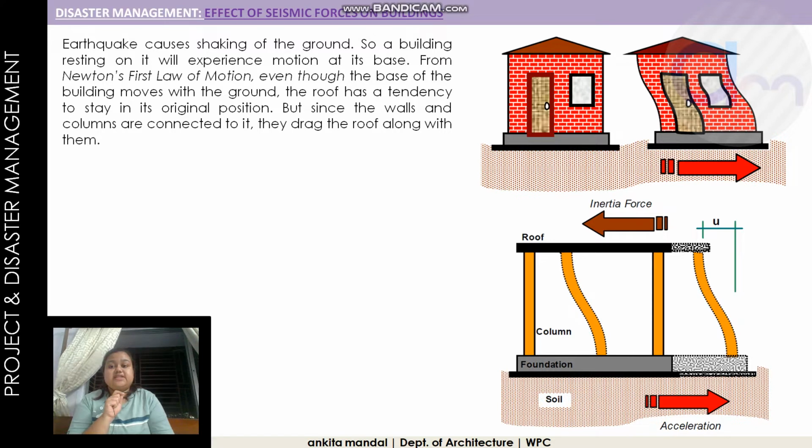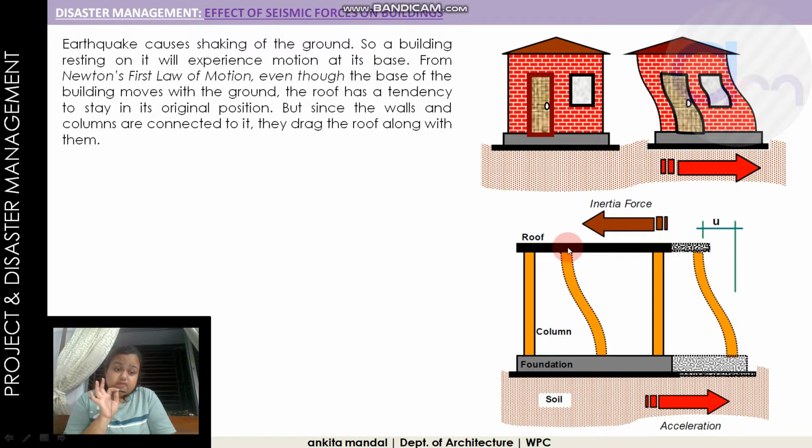You can see in the picture, when there is a movement, there is a wave in the ground. The floor or the foundation goes with the ground, but the roof is trying to stay in place. That is the problem.